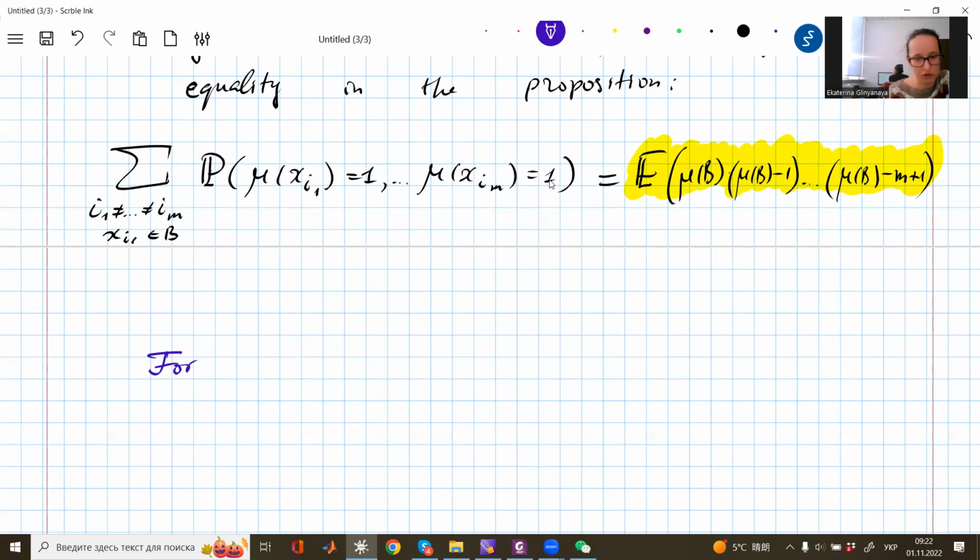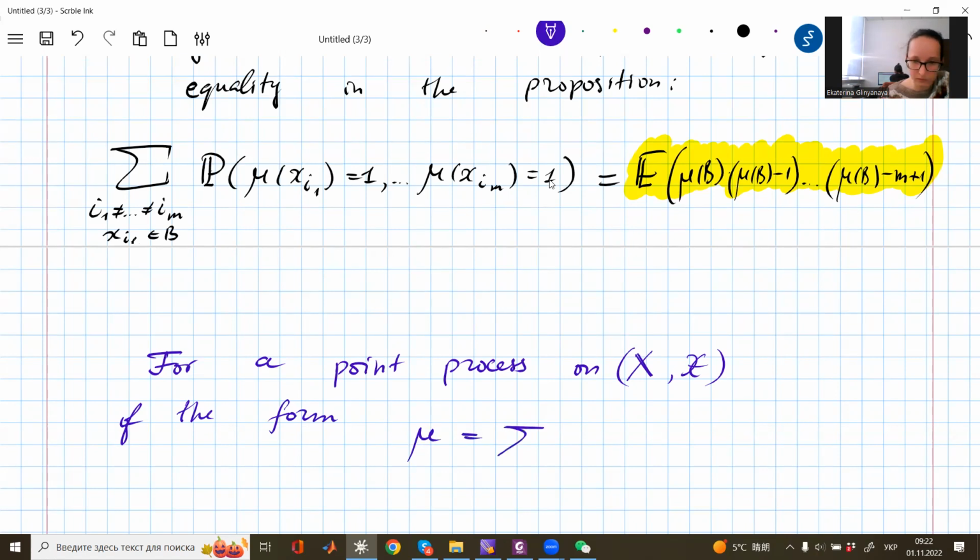So let's start. Consider a measure. Now this is not for a process on Z. That was just for explanation. So now for a point process on some space X, we have a measure of the form mu equal to the sum of delta x_i, i from 1 to some k.